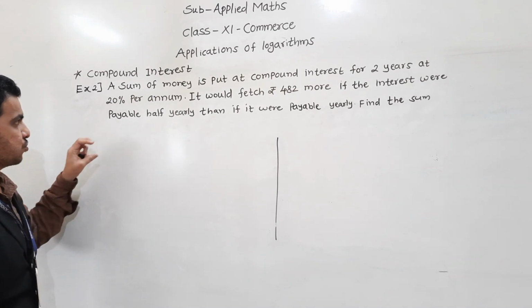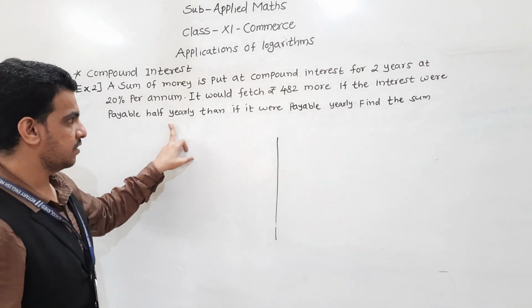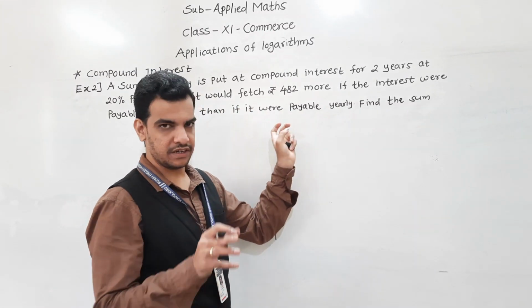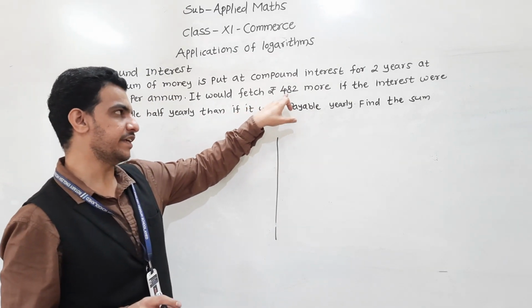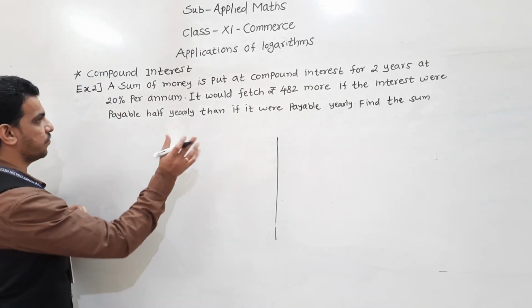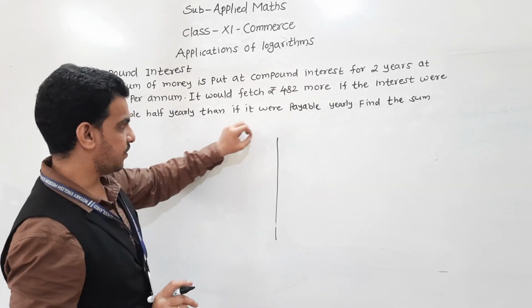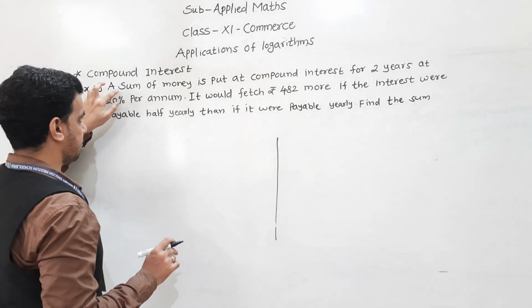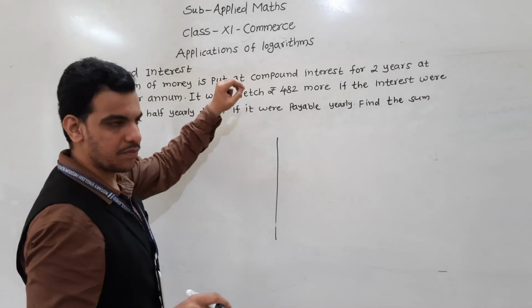So when it is reckoned half yearly and when it is reckoned yearly, the difference between those two amounts is given, 482. Okay, so we have to find both the amounts, and here we have to find the sum. Sum means the principal amount.